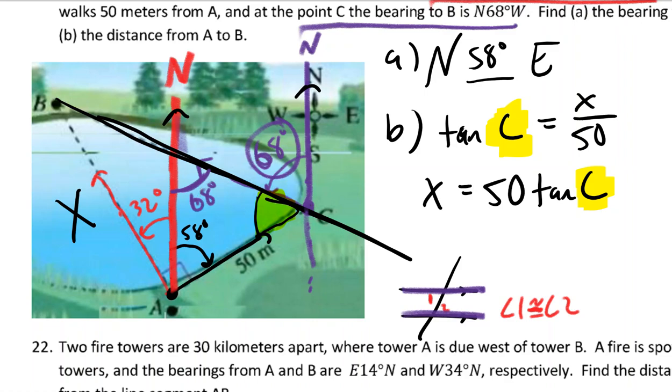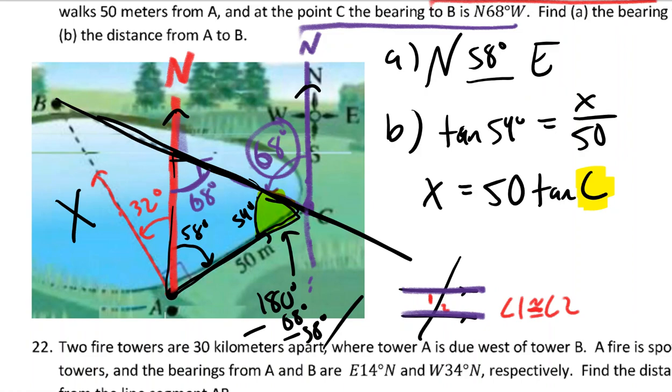Alternate interior angles are congruent. And then finally, that helps because now within this triangle, I know 2 of 3 angles. So the last angle will be what I add to 68 and 58 to get 180, which is 54. And then that was the last domino to follow before I get my answer: 68.819 meters.